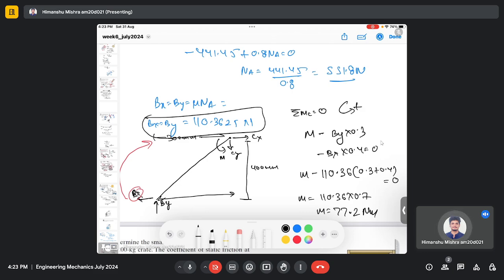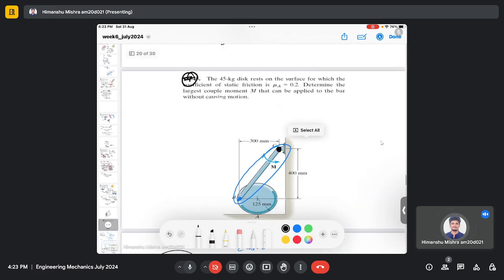So just to recap here, we have been given a system with a disc which is connected to a rod, and there is a moment applied at the rod, and we need to find the moment. We have been given the coefficient of friction between the surface and the disc, which is 0.2. So there is a friction force acting between the surface and the disc. So what we did, we separated the problem.